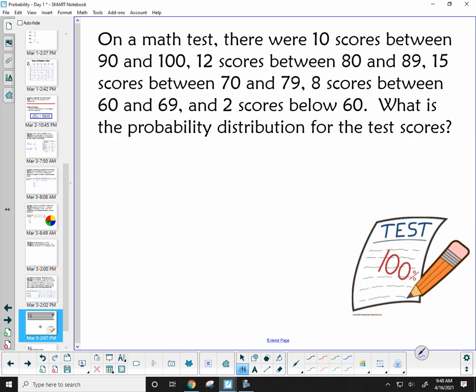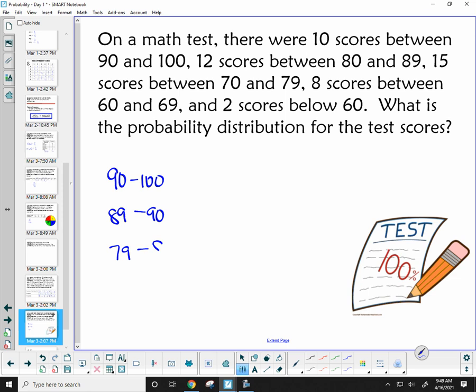All right, one last problem like that. It says on a math test, there were 10 scores between 90 and 100, 12 between 80 and 89, 15 between 70 and 79, 8 between 60 and 69, and 2 below 60. What's the probability distribution for the test scores? Let's think about our categories first.